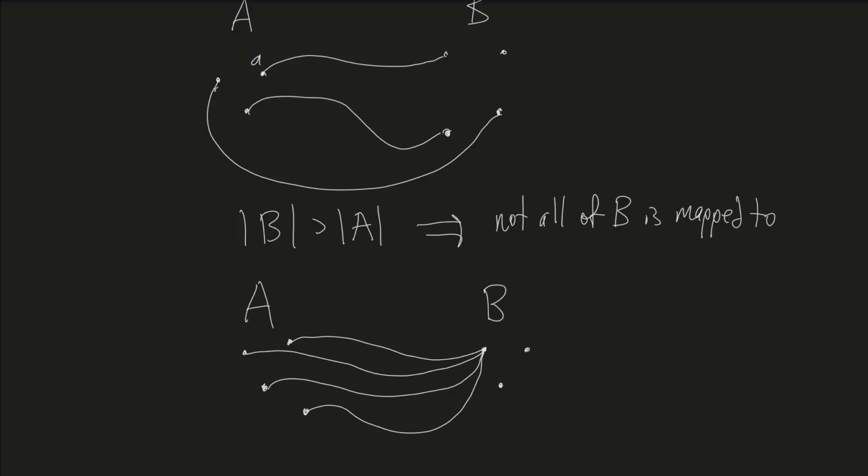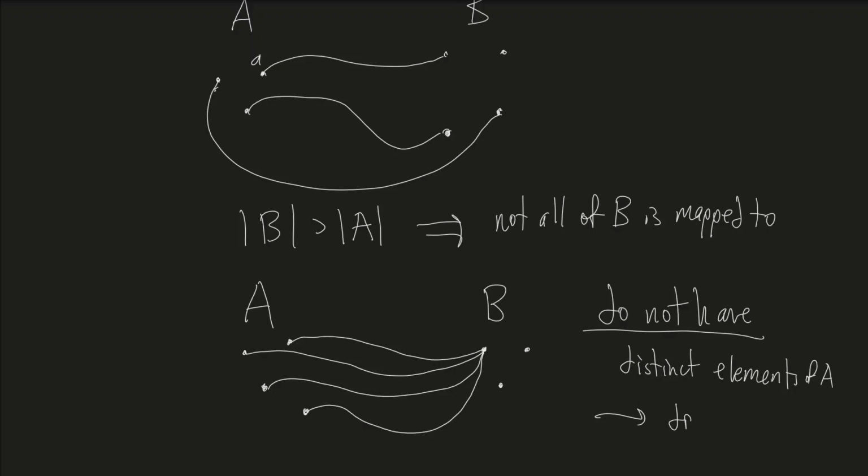But what is true, for the same reason as our previous example, is that we can never have distinct elements of A mapping to distinct elements of B. Right, so we do not have distinct elements of A mapping to distinct elements of B. Because if we did, then there would have to be at least 4 elements of B, right?